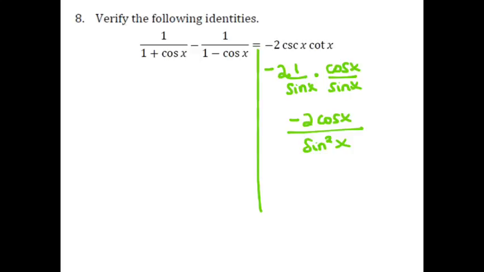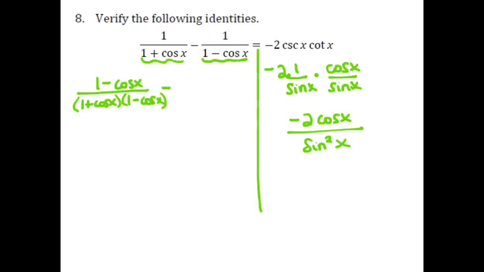Over here I've got two fractions, and what we need to do is get a common denominator. So I'm going to multiply 1 minus cosine x times the first fraction, and I'm going to get 1 minus cosine x over 1 plus cosine x times 1 minus cosine x, minus, and then I'm going to do the same.